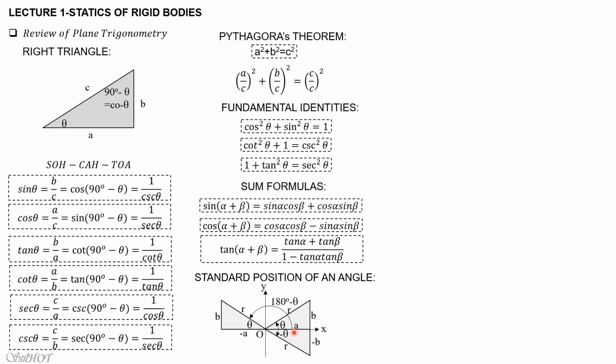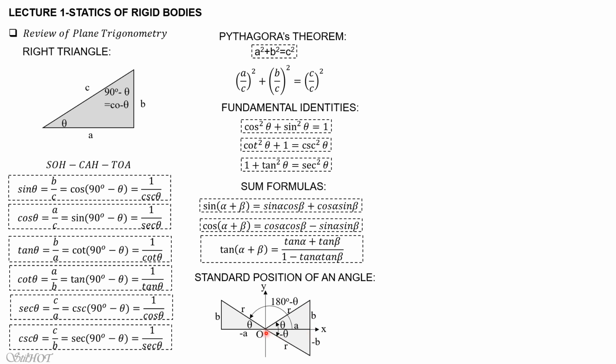Then if the terminal side lies in the second quadrant, this angle here is the standard position, the positive angle. If this acute angle here is still theta, then the angle is the positive quantity 180 degrees minus theta.